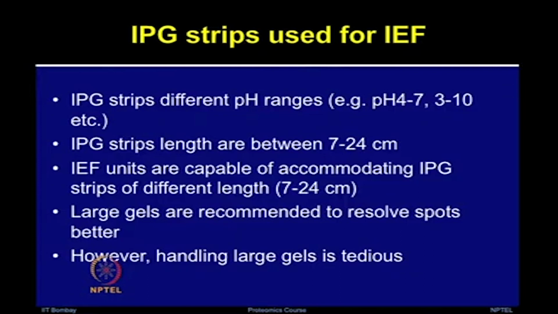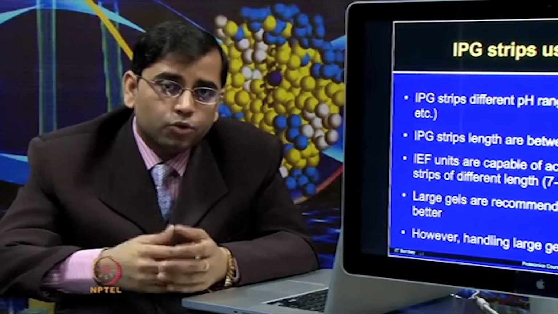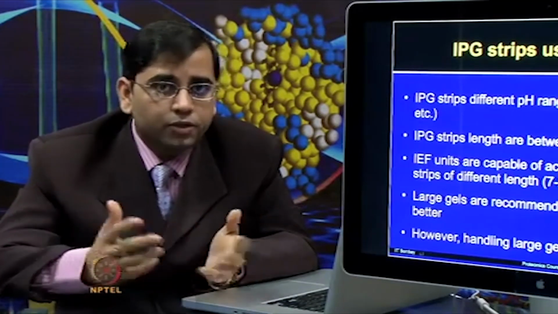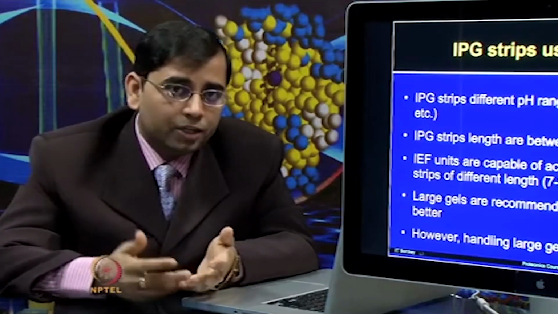Now, depending on how much protein you have in the sample mixture, it's always a good idea to resolve it on very large gels, for example 18 or 24 centimeter should be a better choice.